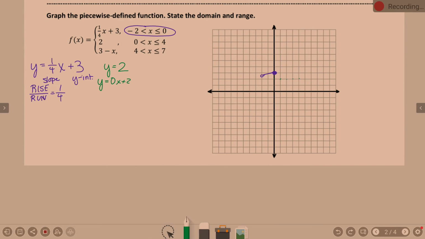And, you know, we could fill in lots of dots here, couldn't we? Where are my endpoints? 0 and 4. So I have an endpoint here at 0. 1, 2, 3, 4.